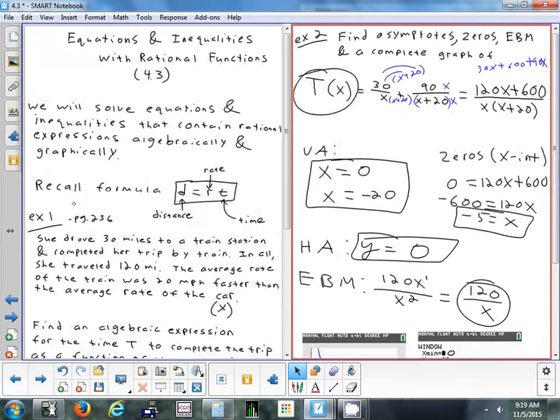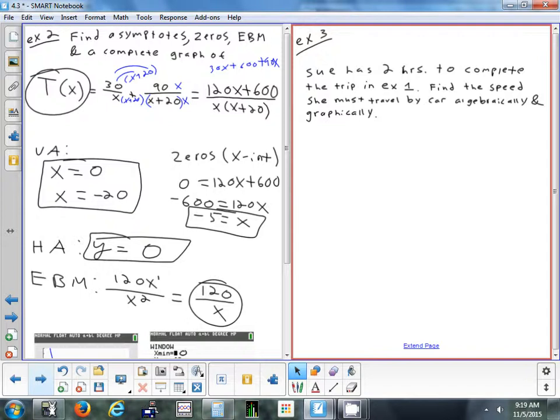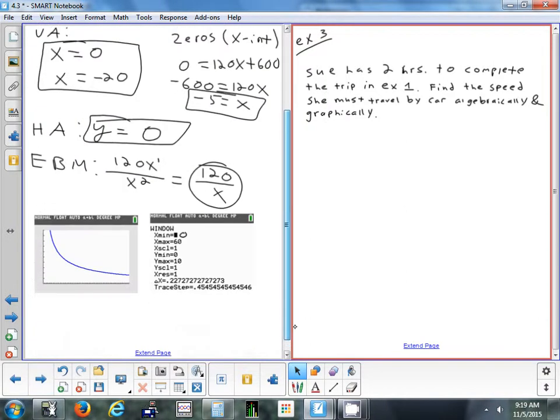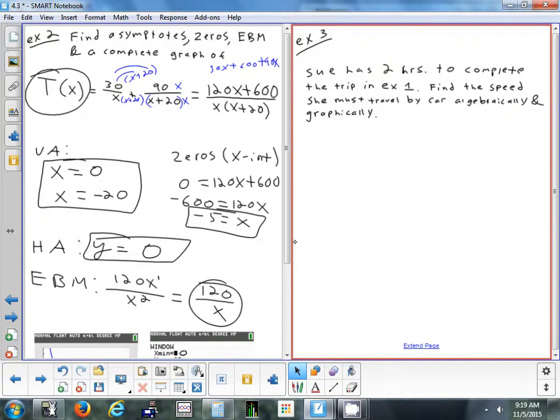So now it says she has 2 hours to complete her trip. Find the speed she has to drive at. How would we do that? When you found the zero, why didn't you find the y-intercept? Just because they didn't ask for it. When they ask for zeros, that's specifically x-intercept.